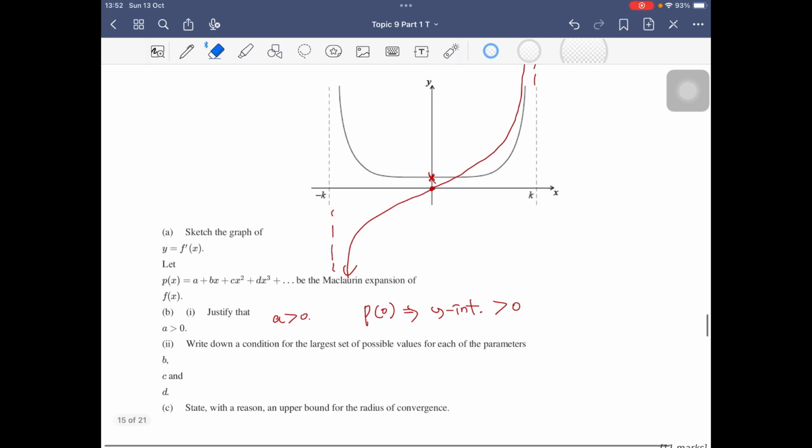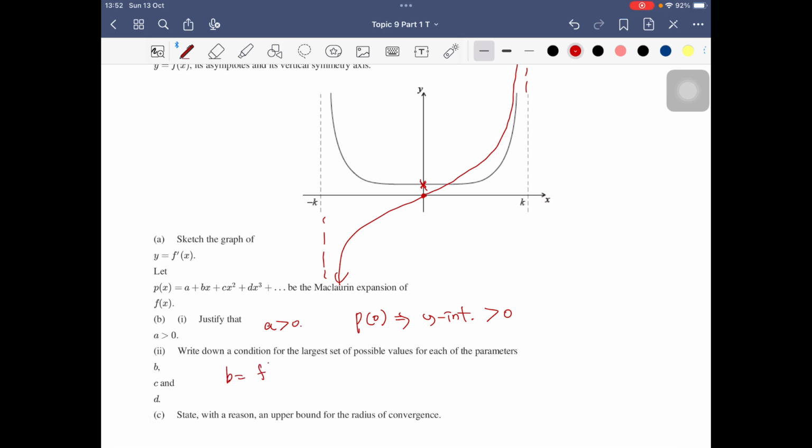B, C, D: because this is a Maclaurin expansion, B is f prime of 0, C is f double prime of 0 over 2, D is f triple prime of 0 over 6. Since this is 0, this is 0. And this is concave up. This should be larger than 0.